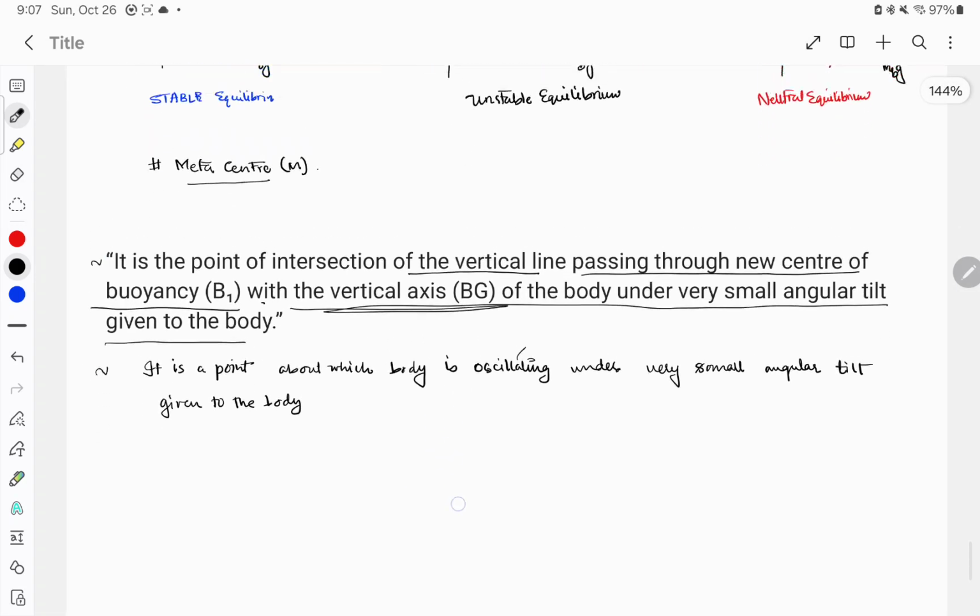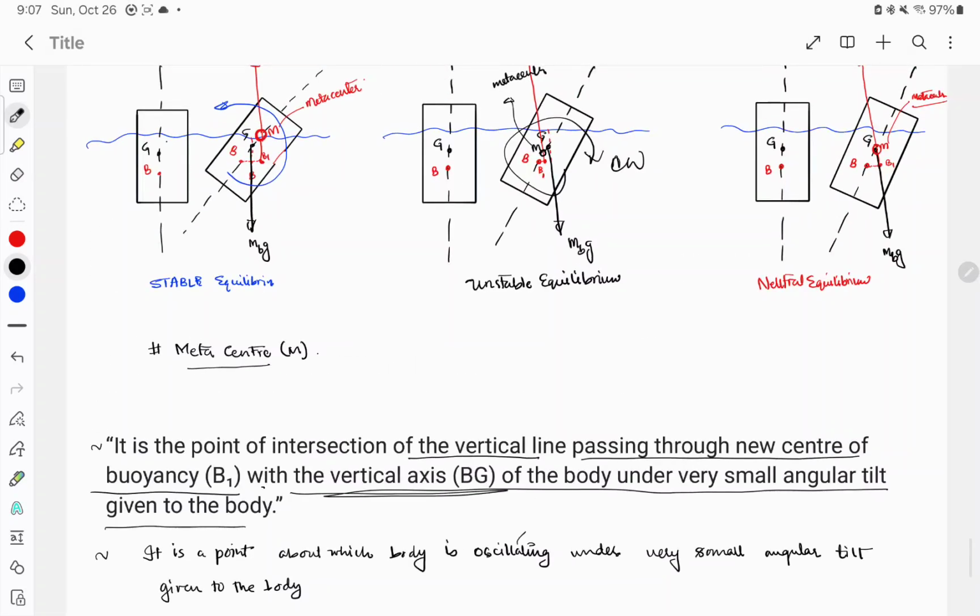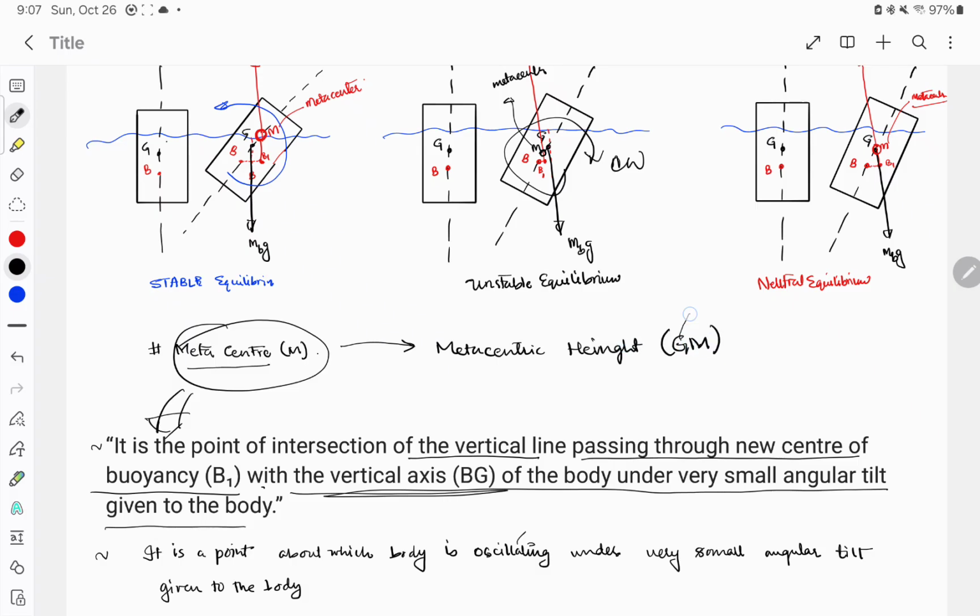Now we should always know the metacentric height, something related to the metacenter. What is the metacentric height? It is the distance between G and M, meaning the center of gravity of the body and the metacenter.